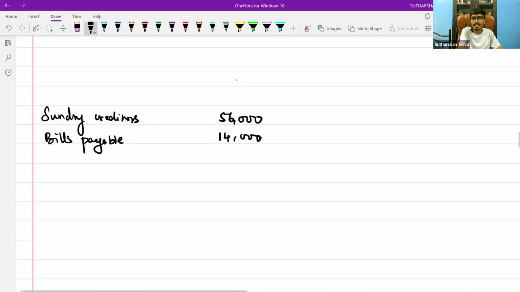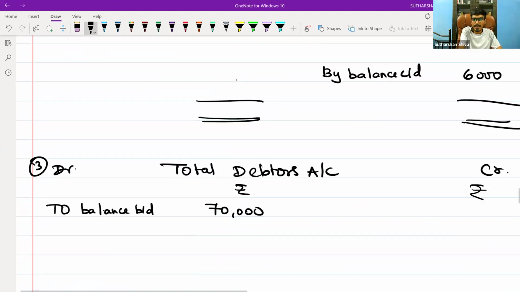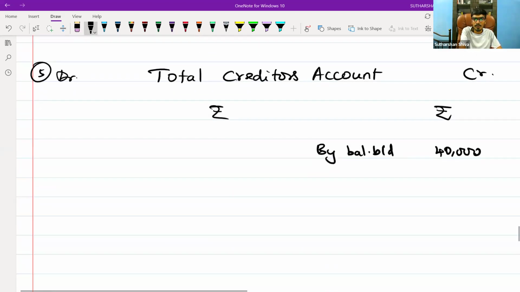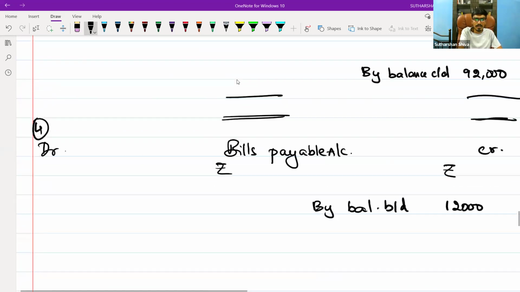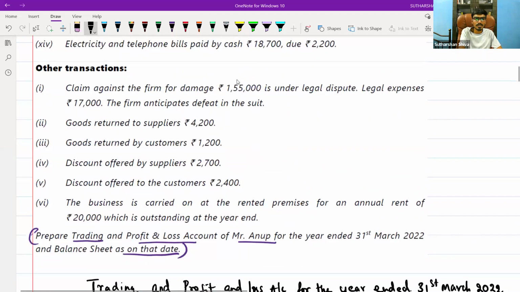And you said it is a creditors account, right? So I need to go to my creditors account. What is the journal entry? Creditors to bank. So on the creditors account, I need to write to cash account. How much? 77,200. That's it.